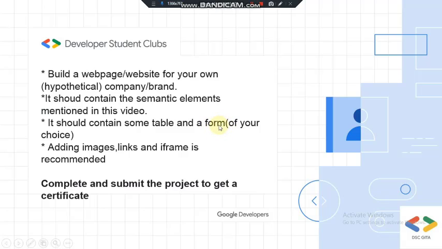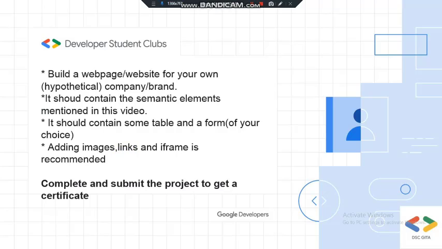Suppose you want to create a form to apply to your company or for some kind of survey, it is up to you. Adding images, links and iframe is recommended. It is not compulsory, but it will be a bonus if you add images, links and iframe in your web page, because obviously it will look better and be more efficient.